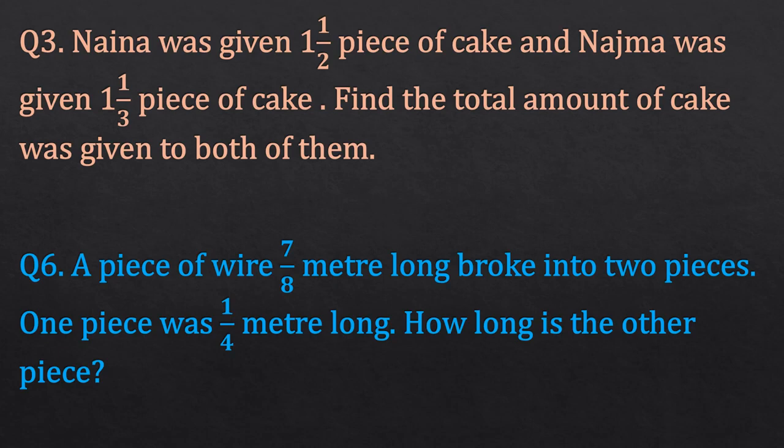Total length of wire 7/8 meter, length of one piece 1/4 meter, length of other piece is 7/8 meter minus 1/4 meter, because 7/8 is the total length. As the denominators are different, again this is the case of subtraction of unlike fractions. So take the LCM of denominators and then do the subtraction.